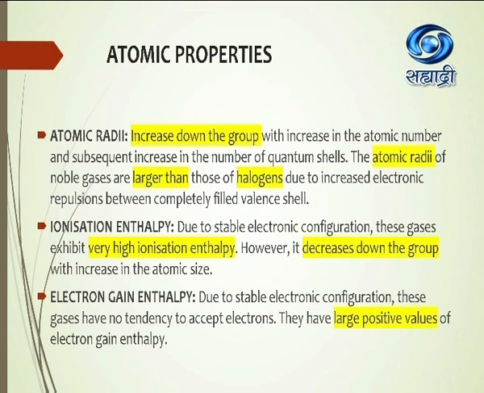So this point one has to remember. If we consider a periodic trend across any period, then we studied that as we move from left to right in any period, size of the atom decreases.